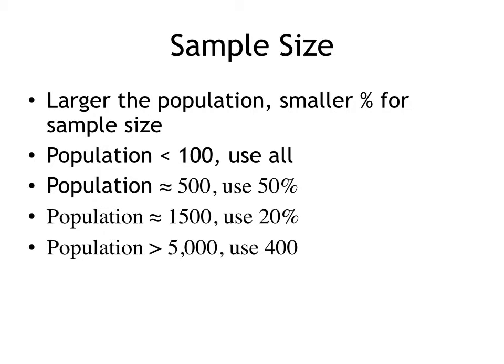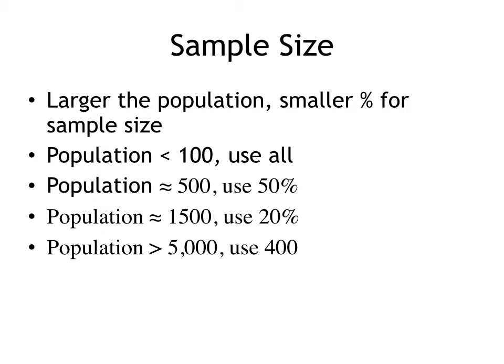So going back to some rules of thumb here. If the population that you're studying is less than 100, use all of them. Because if you want to generalize, you're just not going to be able to do that well to the whole 100 unless you can get as many of them as possible. If the population that you want to generalize to is around 500, it would be great to use half of them.